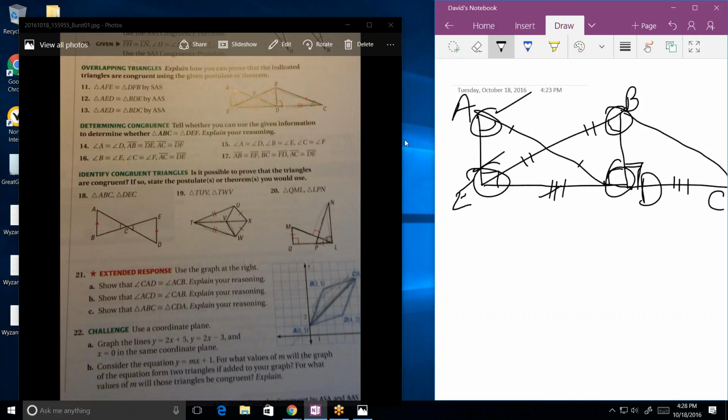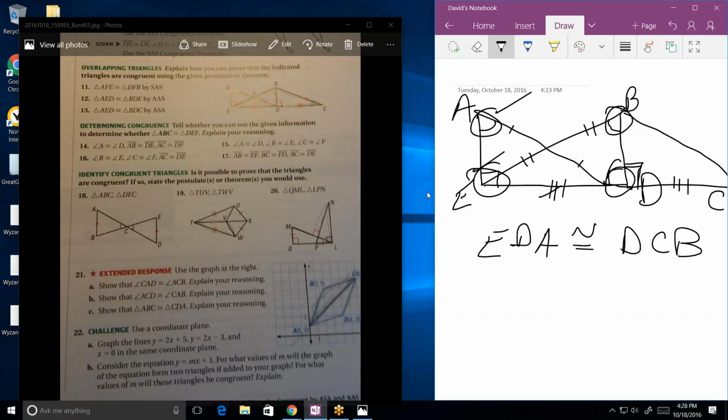In other words, EDA is congruent to DCB. This angle right there is congruent to that angle. Yeah. And the side is the same as that side.